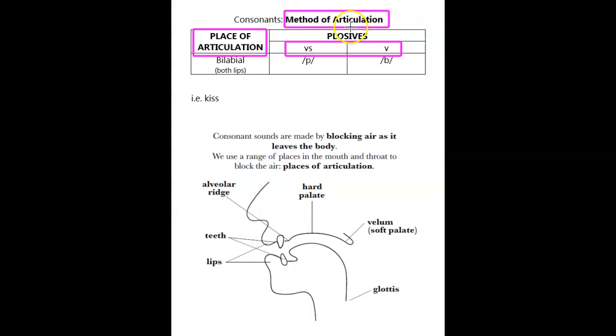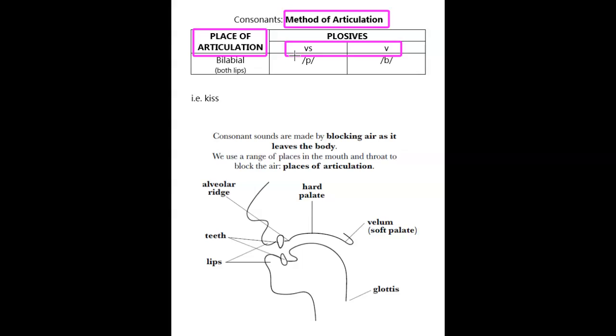The method in this case is the plosives, and plosives means that we're holding the breath stream with some articulators and then exploding it past those articulators by releasing that air in one big poof. So we have three factors in which to create these consonant sounds. Again, voicing, place of articulation, and method of articulation.